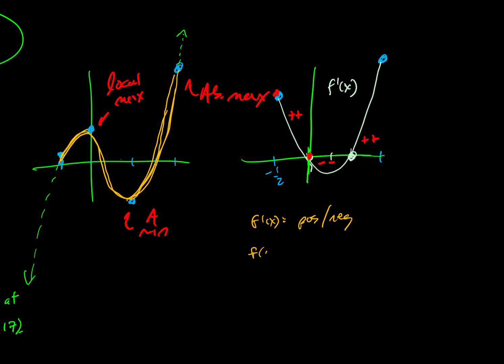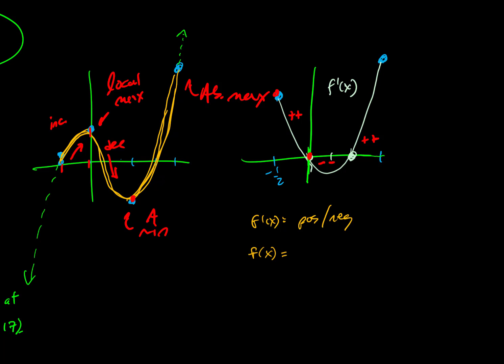Now, what that translates to in the original function is, notice that from -1/2 to 0, my derivative was positive, so what is my function doing? From -1/2 to 0, it's going up. It's increasing. And then from 0 to 2, it's decreasing. It's going down.